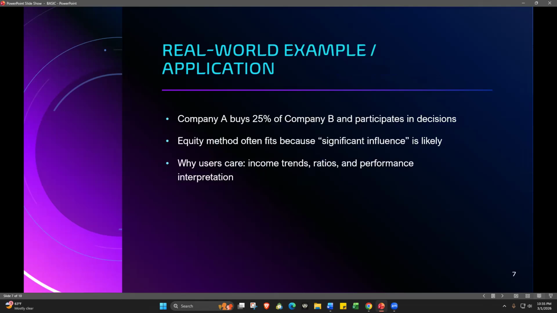That kind of involvement suggests significant influence, which is why the equity method is more commonly applied in those cases. This matters because investors and lenders rely on the reported income and balance sheets.